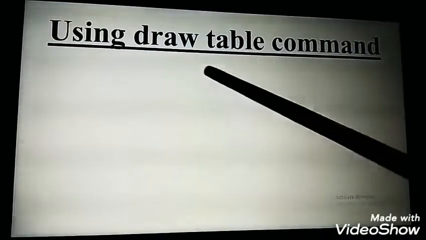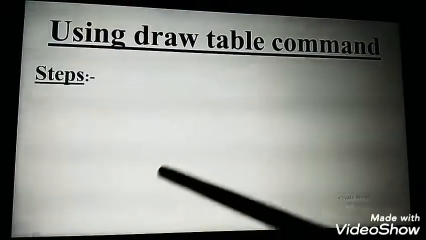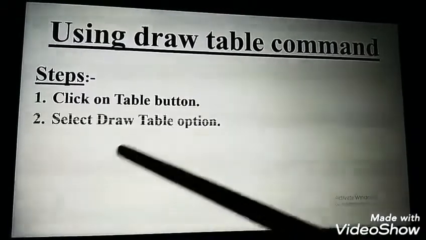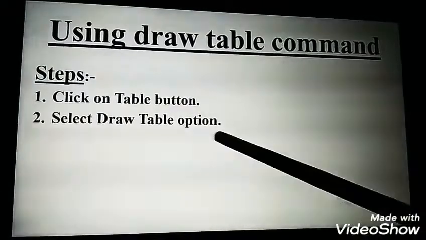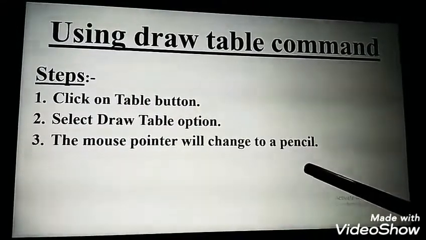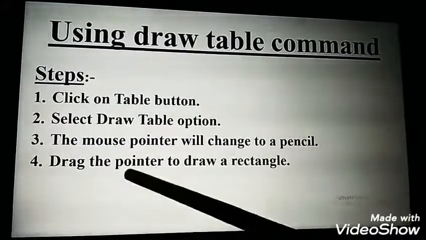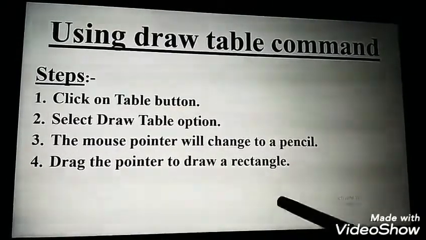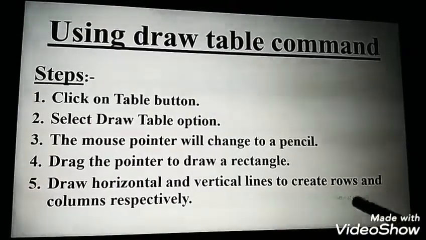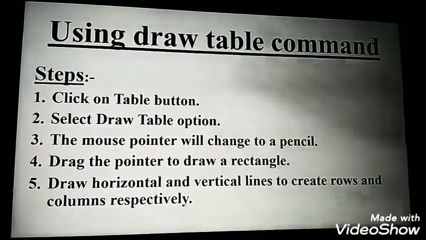Next, using draw table command. Steps for that are: click on table button, then select draw table option, then the mouse pointer will change to a pencil and drag the pointer to draw a rectangle. Draw horizontal and vertical lines to create rows and columns respectively.